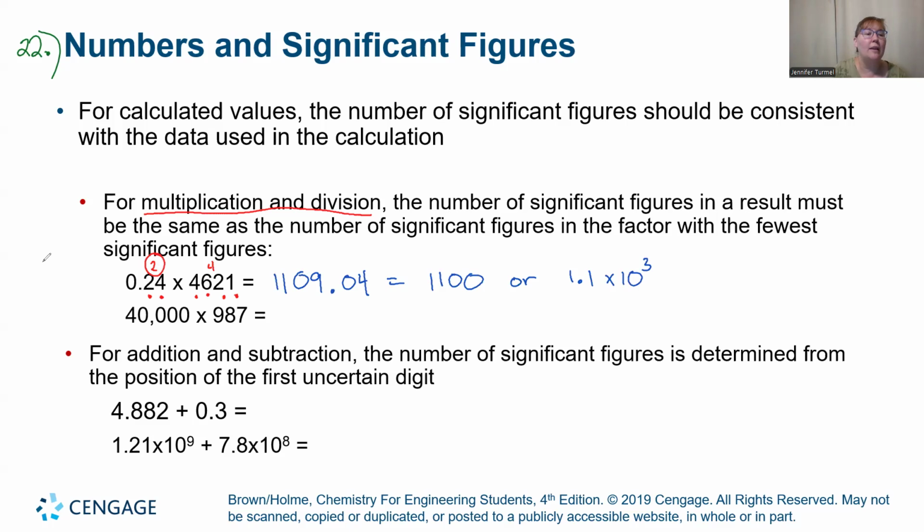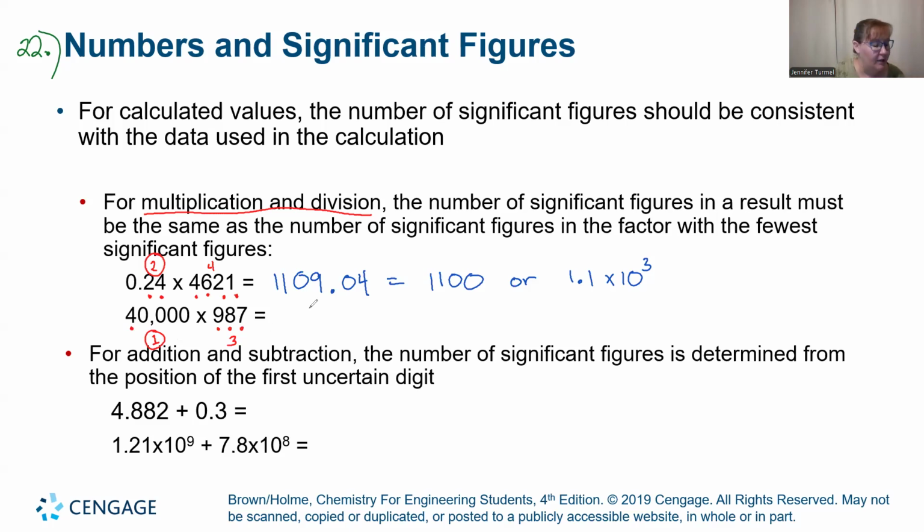Now in this next one, here we have 1, 2, 3, so we have 3 significant figures, but here we only have 1. Which means that we can only have 1 significant figure in our final value. So let's take a look at what we have here.